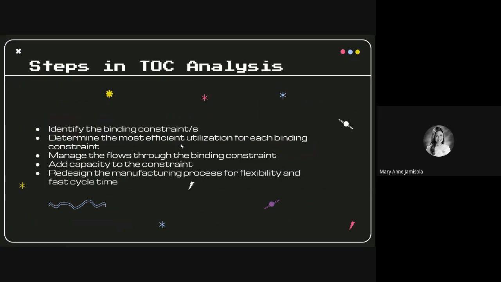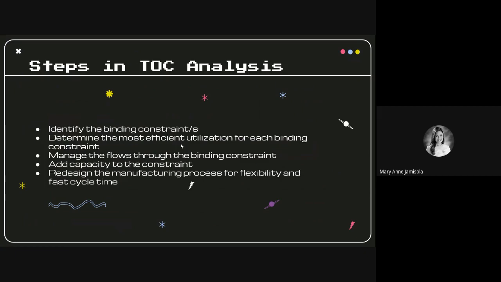Step three is to manage the flows through the binding constraints. So in step three, the objective is to manage the flow of production in and out of the binding constraint to smooth the flow of production throughout the plant.